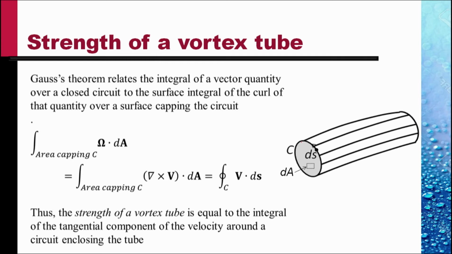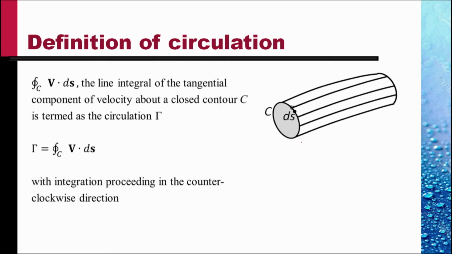This is an interesting development because there is a name for this integral over the closed circuit, and that name is circulation. The integral of V dot ds over a closed circuit C is termed the circulation gamma, with the integration proceeding in the counterclockwise direction.